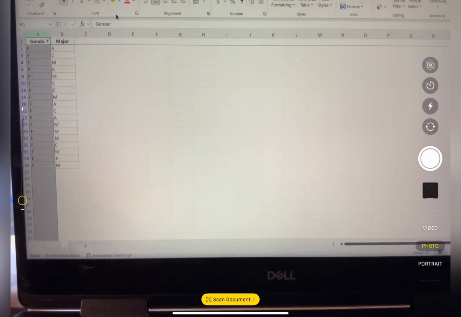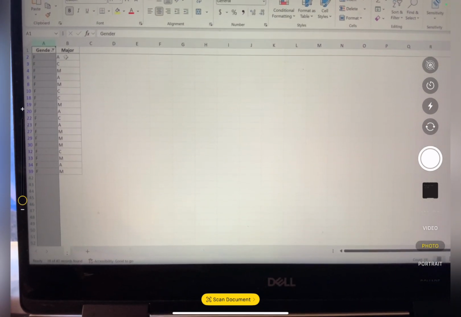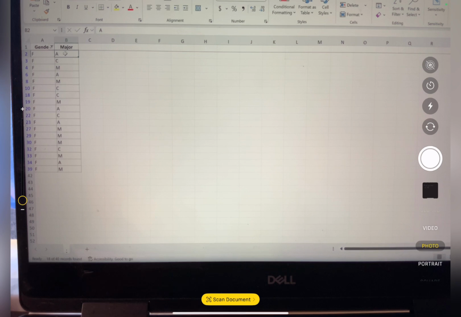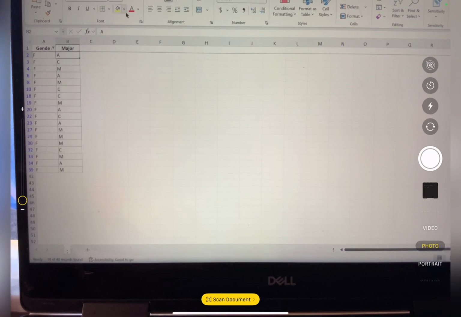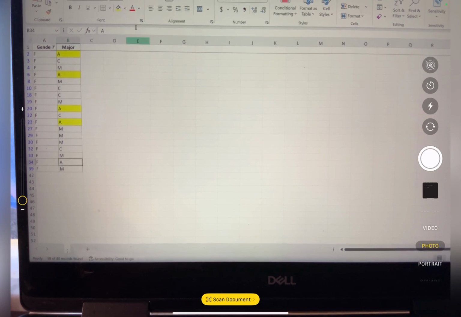So I'm clicking here. See, you see here color. So first I put on accounting, okay, and then click yellow. All accountings I am coloring yellow, let's say, or you can count yourself. So I'm coloring so as not to miss anything.